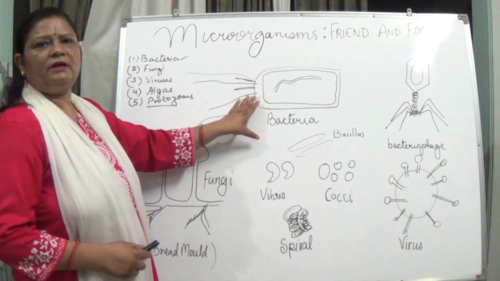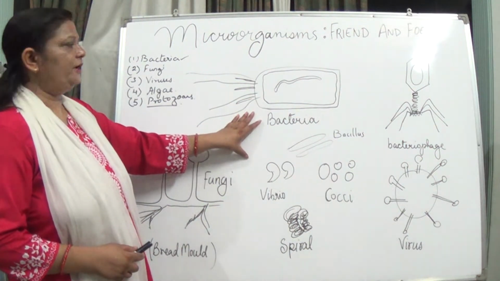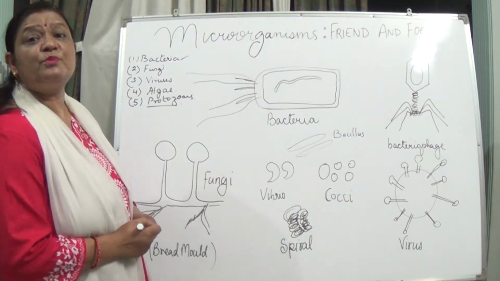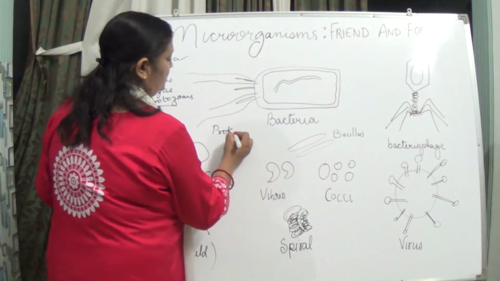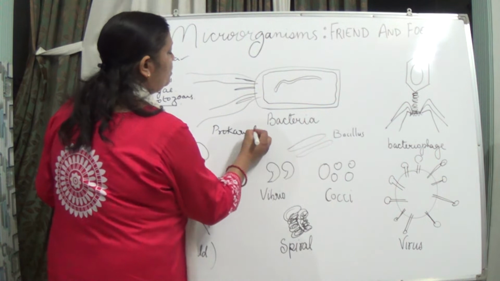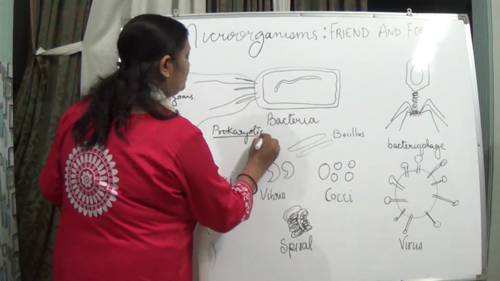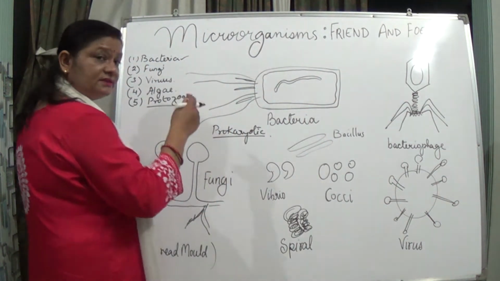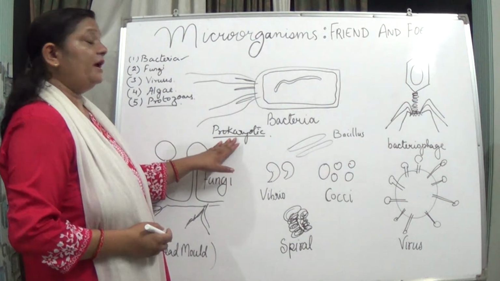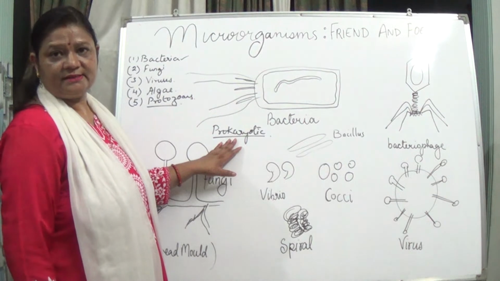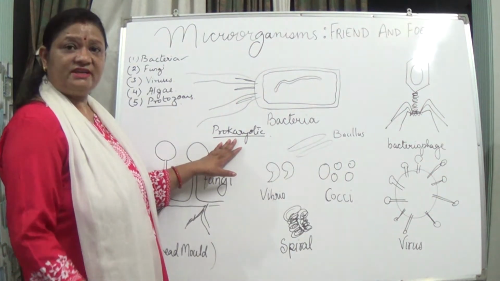This is particularly a bacterial cell. This bacterial cell is prokaryotic in nature. Prokaryotic means pro, meaning first, and karyotic means nucleus. So an initial nucleus.